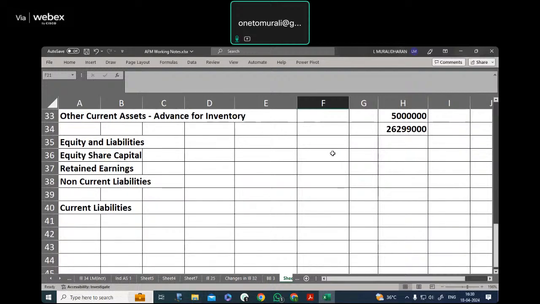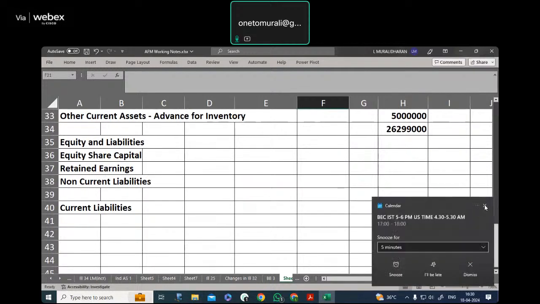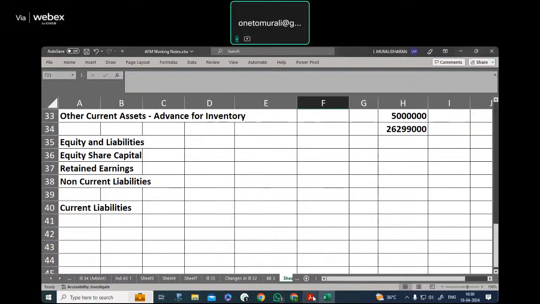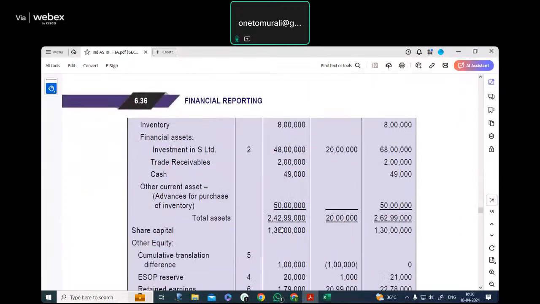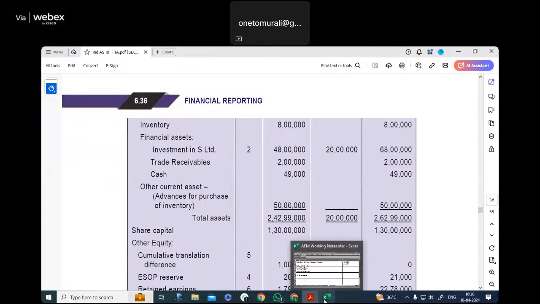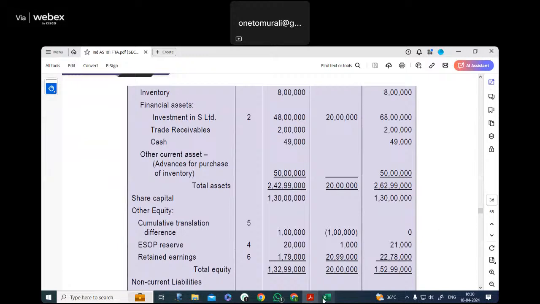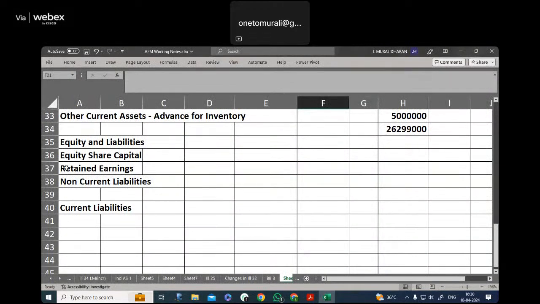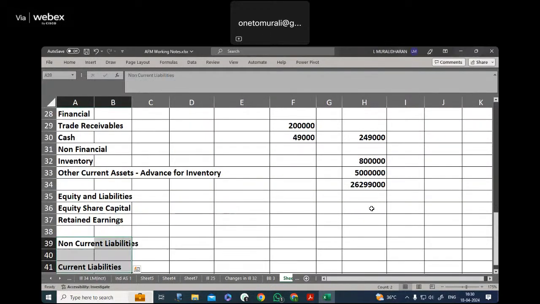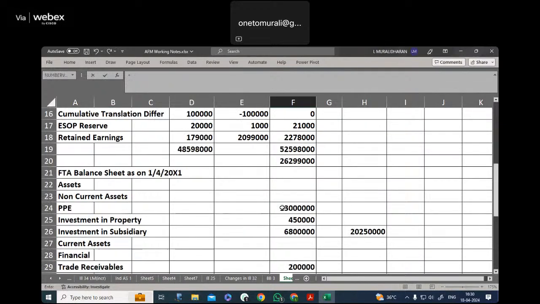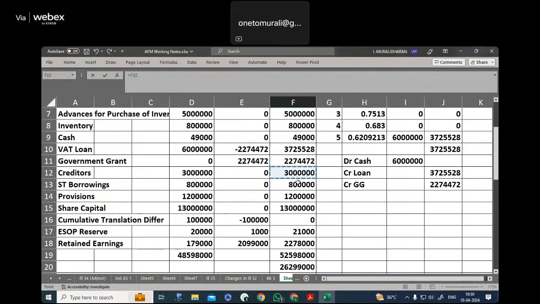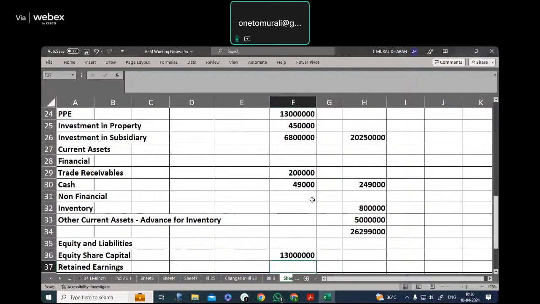Then equity share capital. Then comes retained earnings.